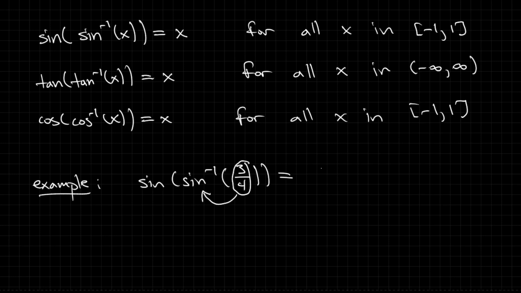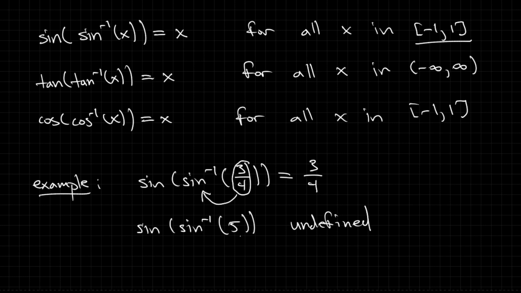If it is, which it is because it's between minus 1 and 1, I'm simply going to copy 3/4 and I'll be done with the problem. However, if you do something like sine of sine inverse of 5, the answer would not be equal to 5 because 5 is not in the domain of the inverse sine function. In fact, this is undefined because 5 is not in the domain of the inverse sine function.